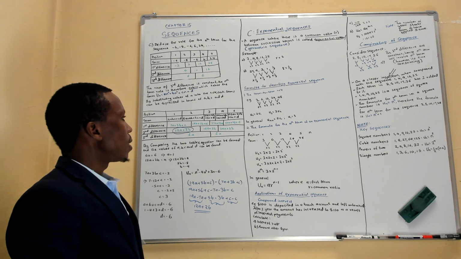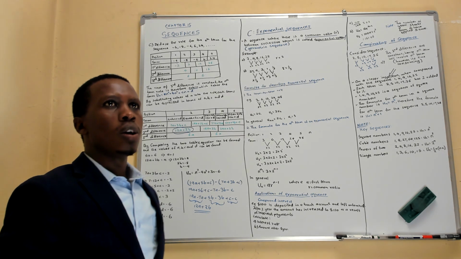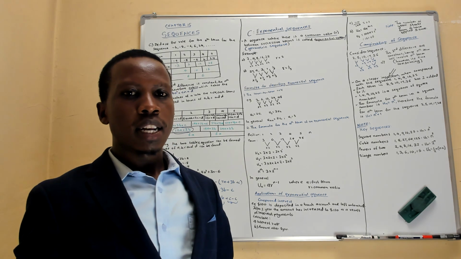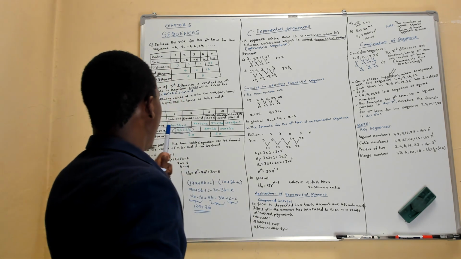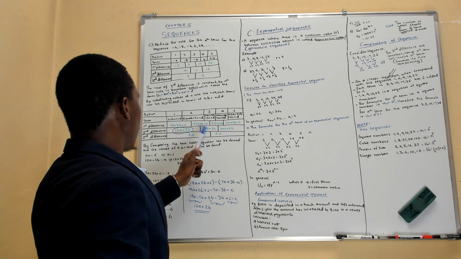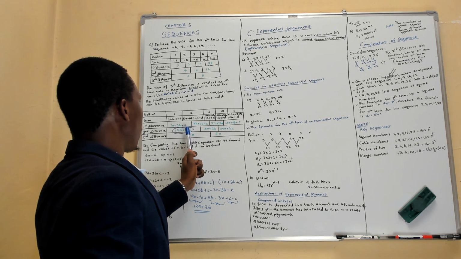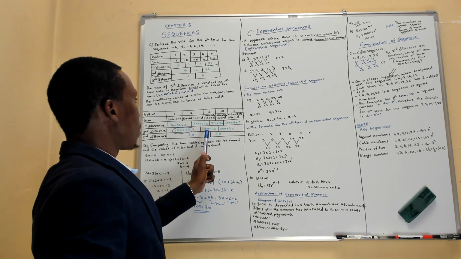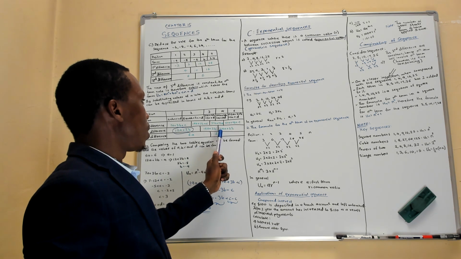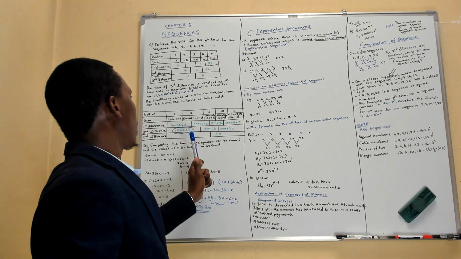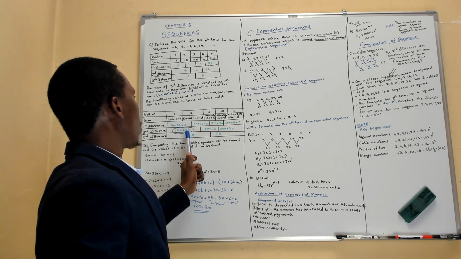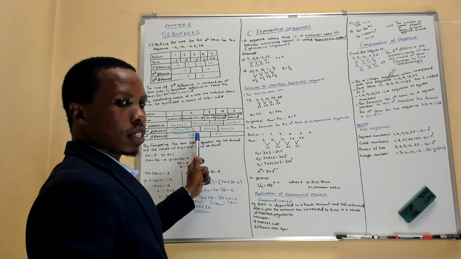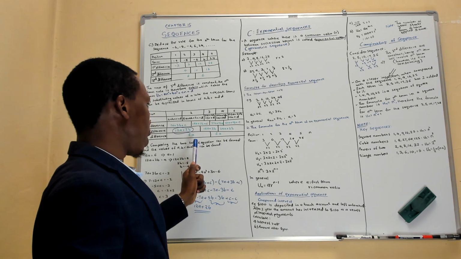Because the second difference is still not constant, I go to the third difference. If I subtract 18a plus 2b from 12a plus 2b, I should be able to get 6a, and that's what I got.